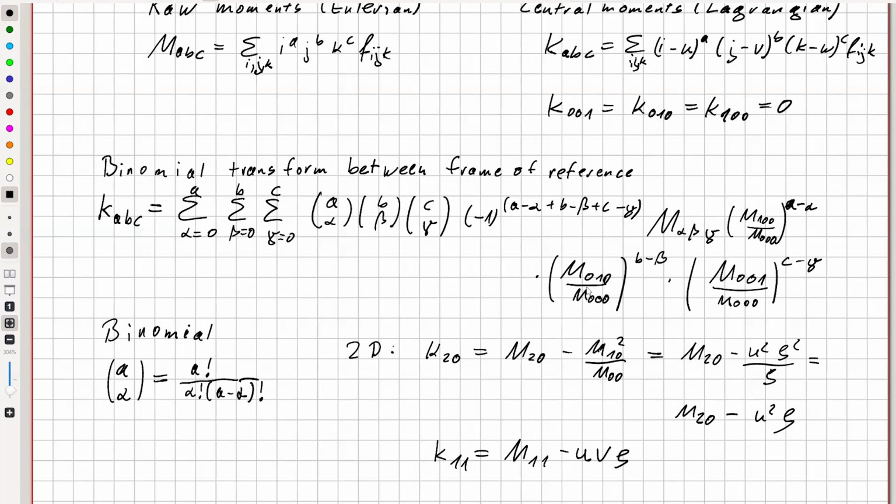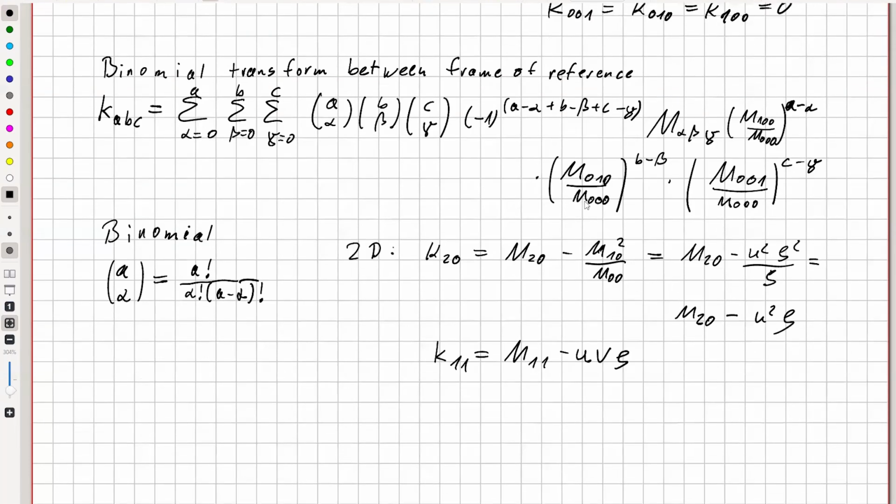But anyway, you can here do this transformation, and equally you have the transformation of the equilibria. For example, m20 is u squared plus theta times rho.